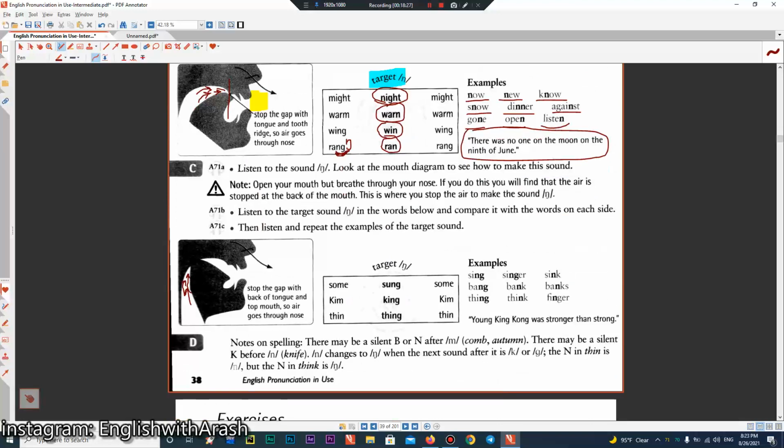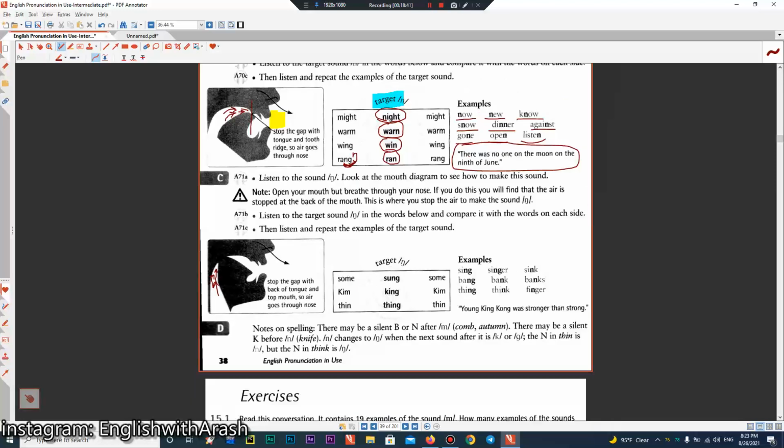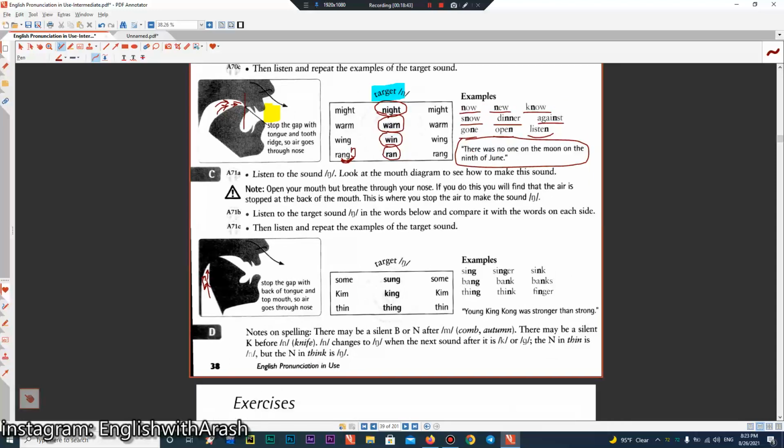So let's listen to some examples. Somebody says not clear. I think it's not heat. Let me see. Why is it not clear? Let me try again.